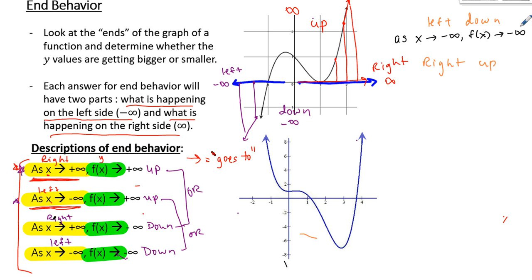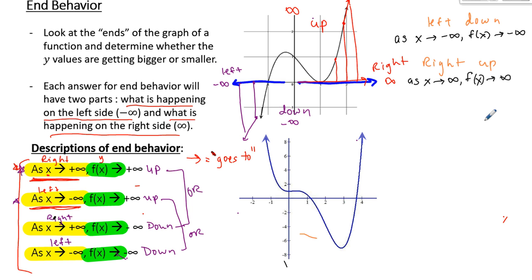Okay, there's one statement. I just made a statement about the left side. Now the right side. As x goes to positive infinity, comma, f of x goes up, which is positive infinity. And that's the description of that one.